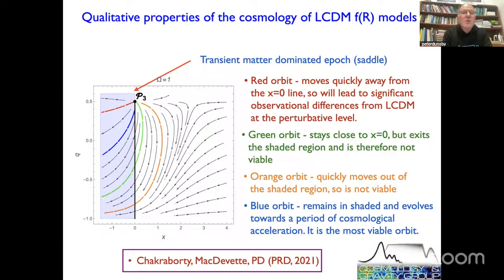So the blue orbit, or orbits close to the blue orbit, are the ones that we're looking for. They're the ones that evolve close to x equal to 0 for some of the evolution, and then evolve towards a deceleration parameter which is close to what we measure today in the data.